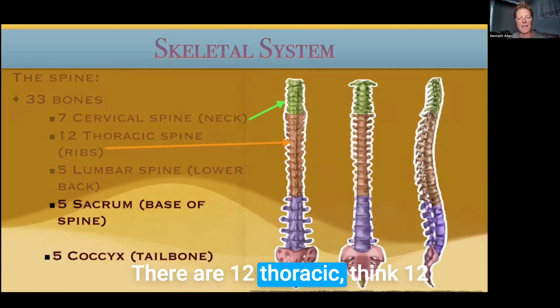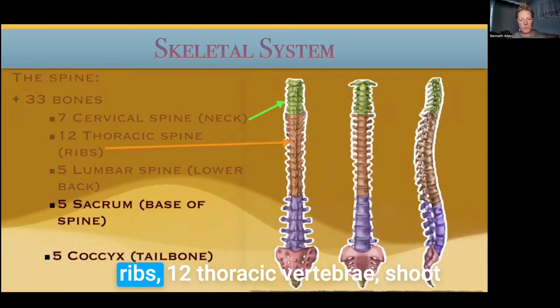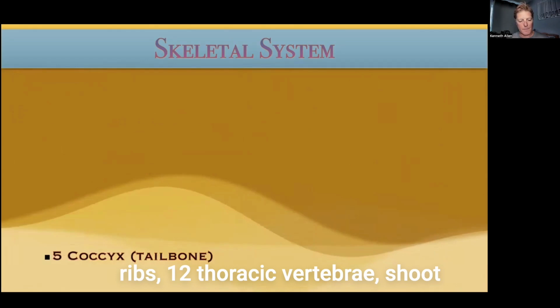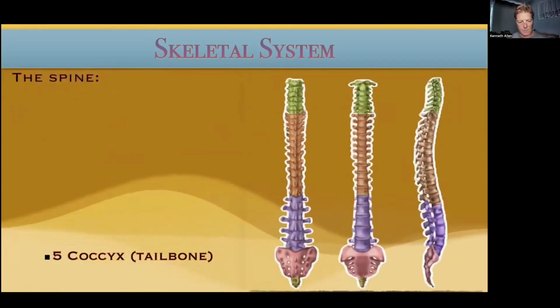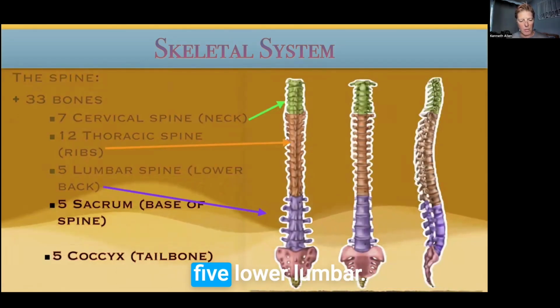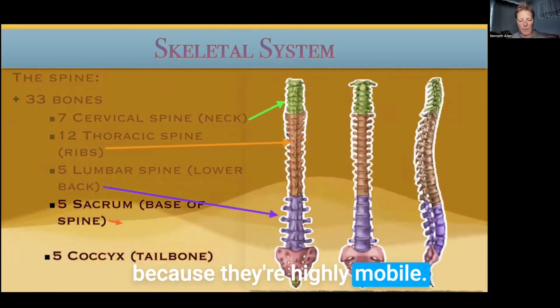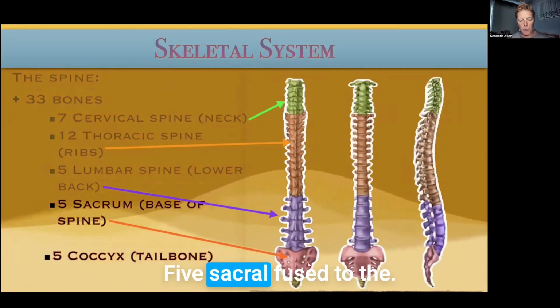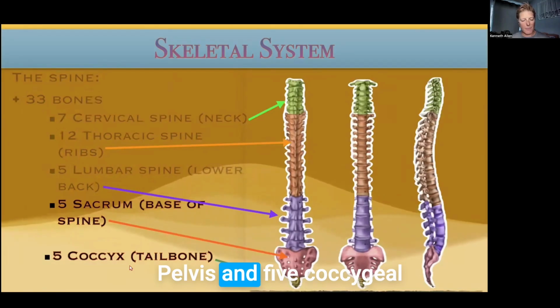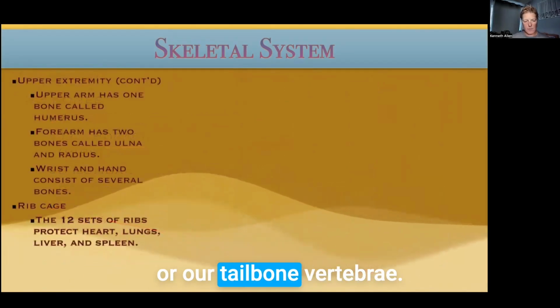There are 12 thoracic, think 12 ribs, 12 thoracic vertebrae. 5 lower lumbar. These also are damaged because they're highly mobile. 5 sacral fused to the pelvis, and 5 coccygeal or our tailbone vertebrae.